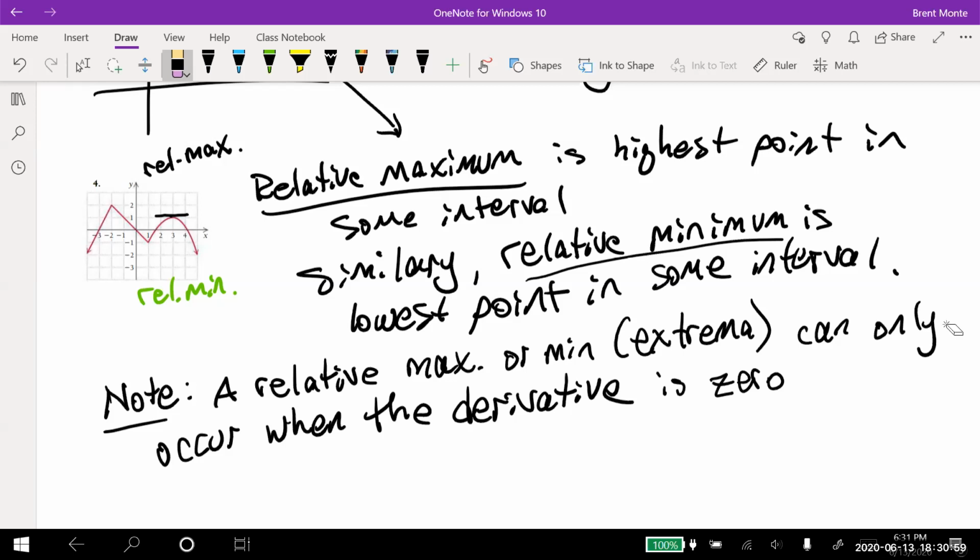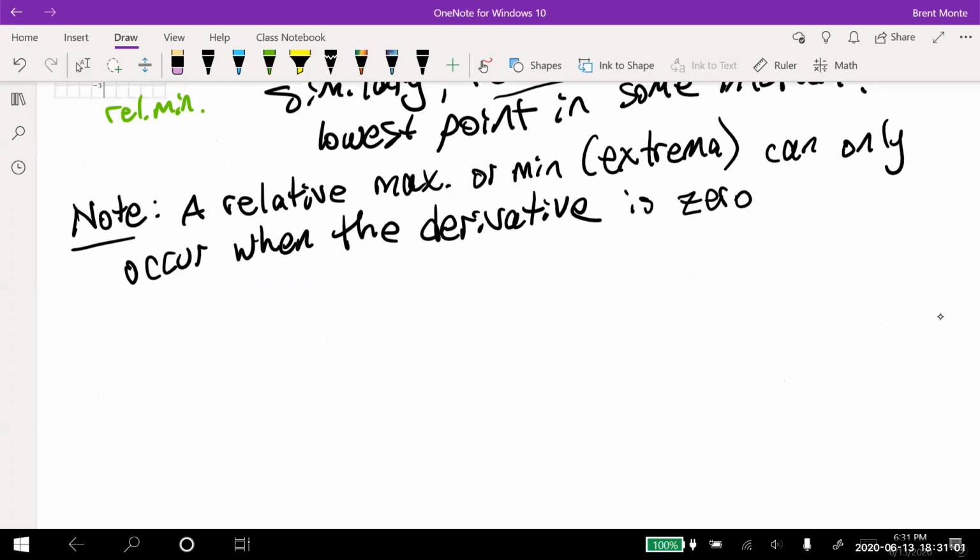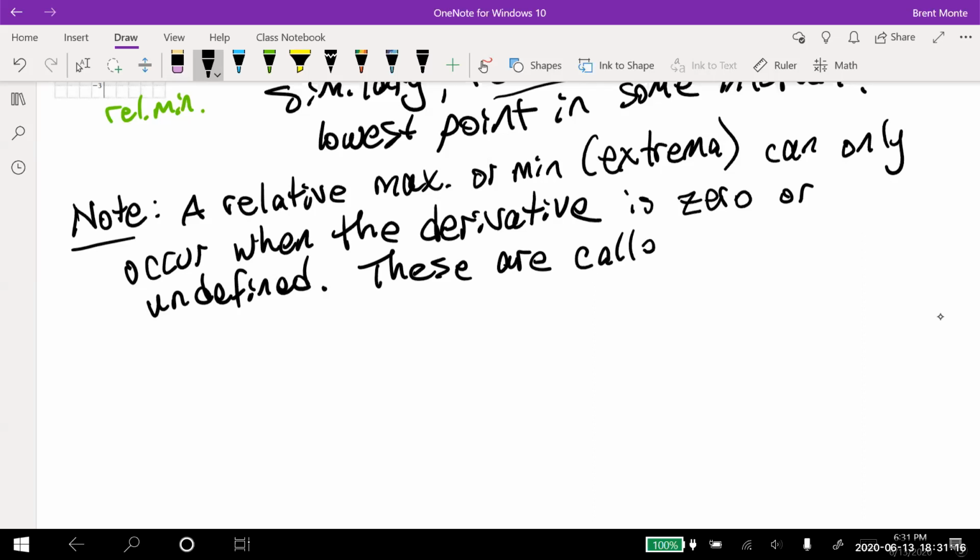And in fact, we have a term for this. What we call these are called critical values. I'll squeeze that in here so I can underline it.